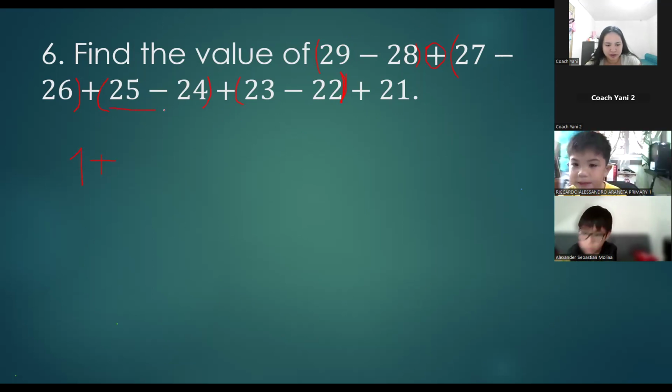Then 25 minus 24 is equal to 1, so add another 1. 23 minus 22 is equal to 1 as well. And then don't forget the 21 at the end, even if it's not part of the parenthesis. So you have 4 plus 21 equals 25.